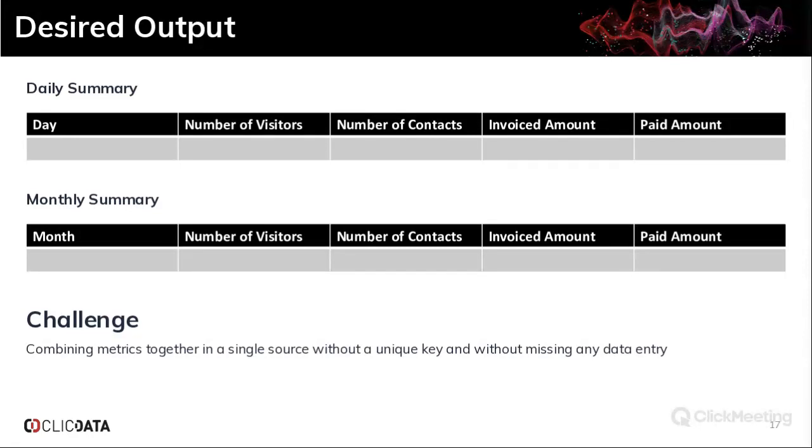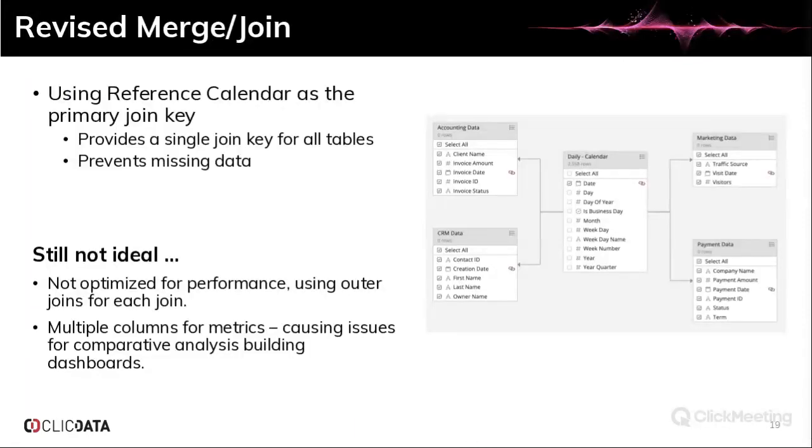Maybe I need to do some post transformation and try to combine them and put them in one column before I go ahead and create a dashboard. So creating a join as well has some limitations. And also it's not the best way in terms of optimizing for performance. It's unnecessarily creating joins between multiple tables, creating multiple columns, and it's very performance intensive.